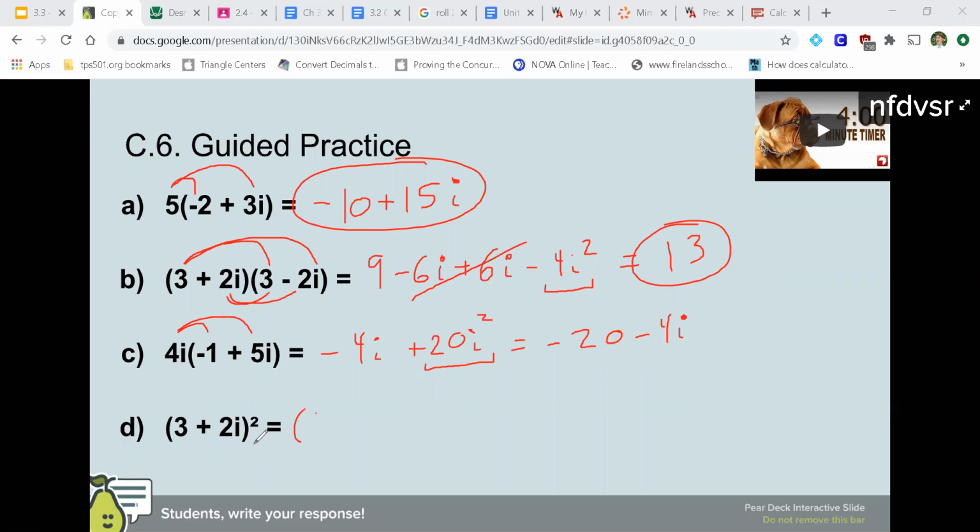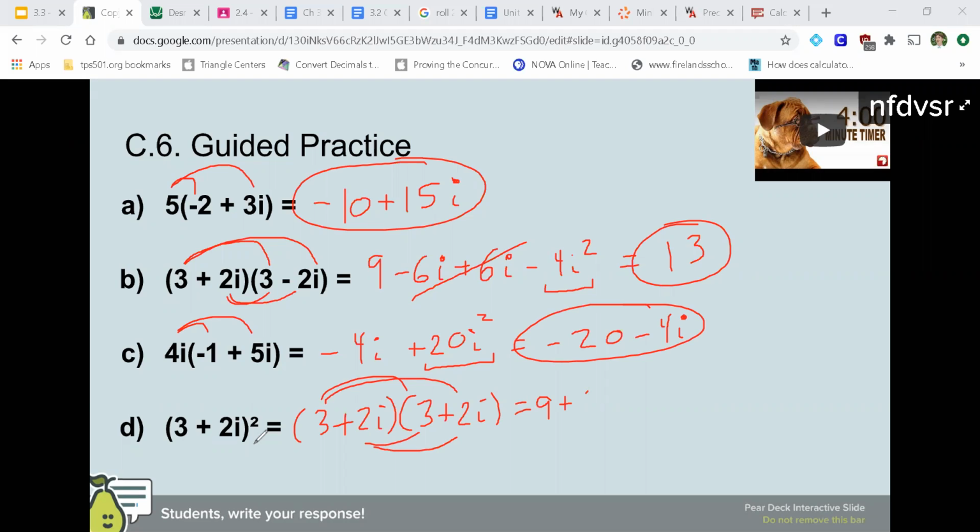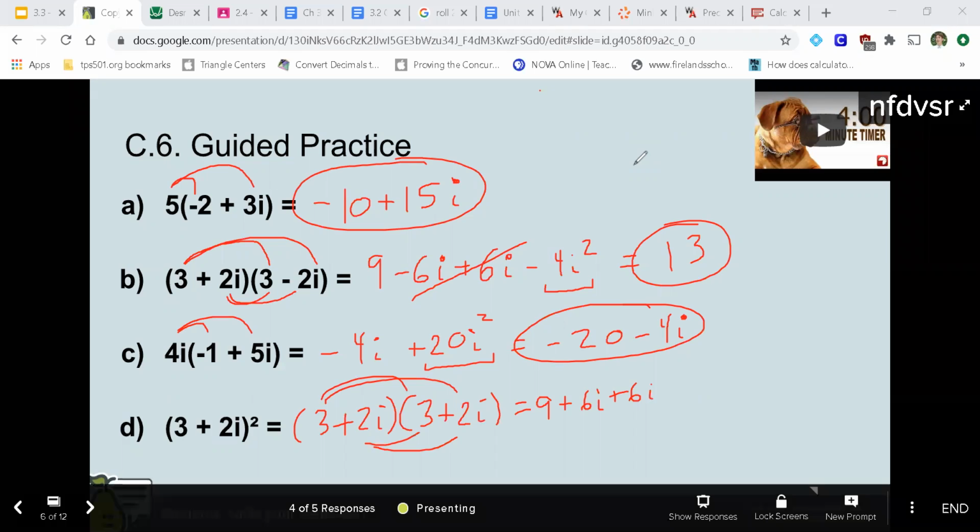For this last one, 3 plus 2i squared is just 3 plus 2i times 3 plus 2i. If we distribute, you get 9 plus 6i plus 6i plus 4i squared.